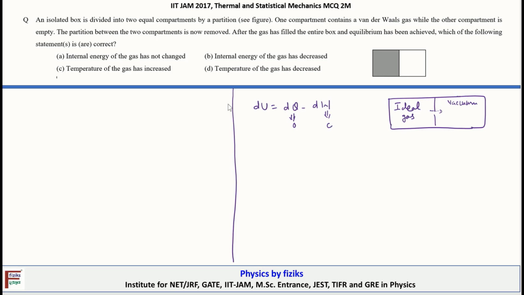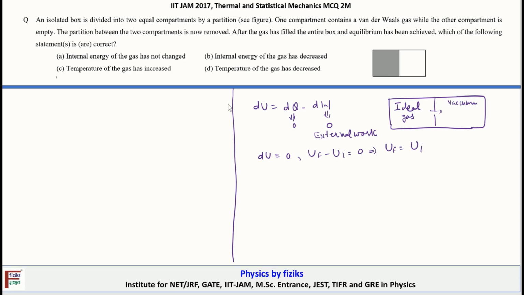Now I'm talking about the ideal gas case. dW is 0, though the gas is expanding, but there is no interaction of this system with the surrounding, so dW basically represents the external work. So it's 0, so that means when we are talking about an ideal gas, dU is equal to 0. There is no change in internal energy of the gas, Uf minus Ui is equal to 0, which implies U final equals U initial.